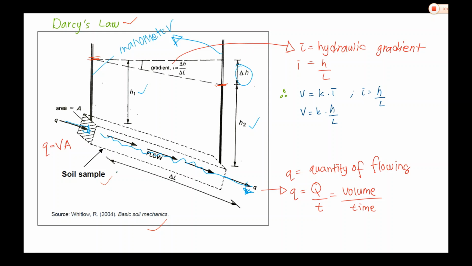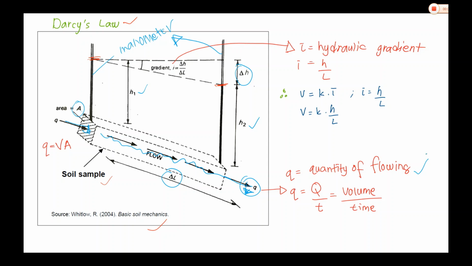Alright, and then we have the distance, the path, the laluan of the water, okay, which is L, delta L, and we also know the area of the soil sample, okay, and at the end once water masuk in, and then it will coming out here. So we can collect the volume of the water at certain time. So we will have the quantity actually.